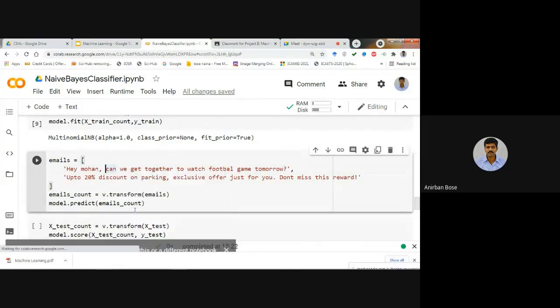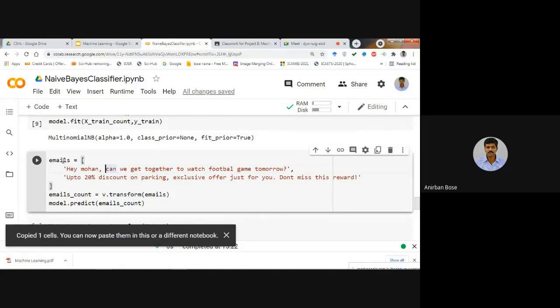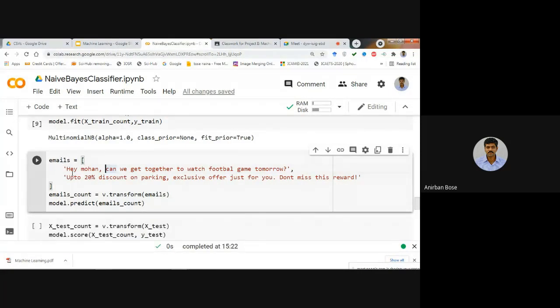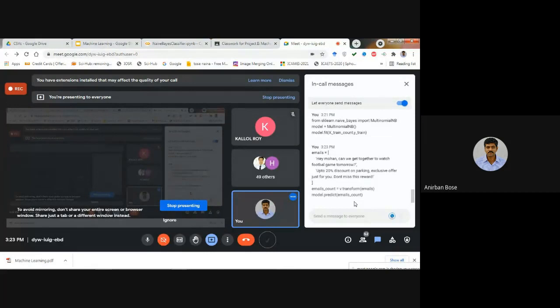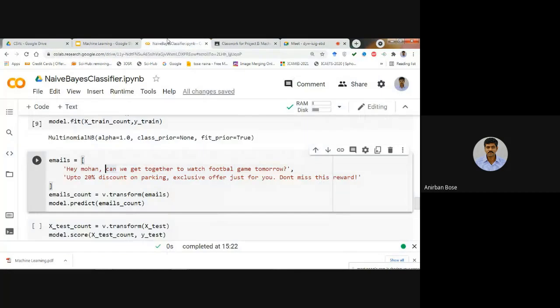So two emails are passed through a list. This is one text, one line, and there is another line. So basically two emails are there. So two elements are there in this list, and we have to predict whether the first one is spam, or the second one is spam, or both are spam. So that we have to check. So let us consider this is the thing that we want to check.